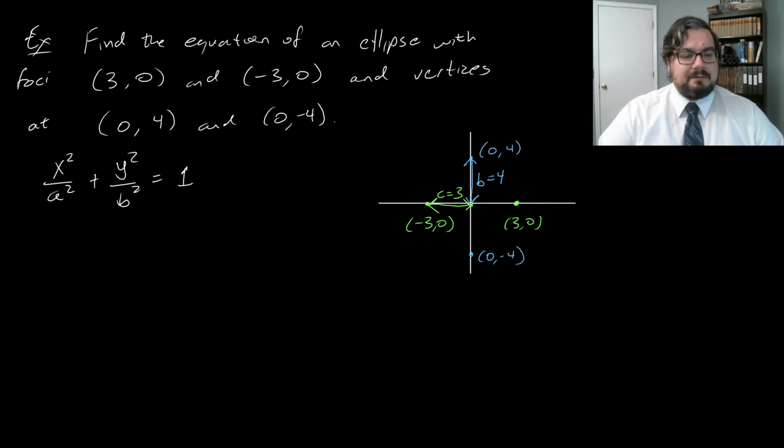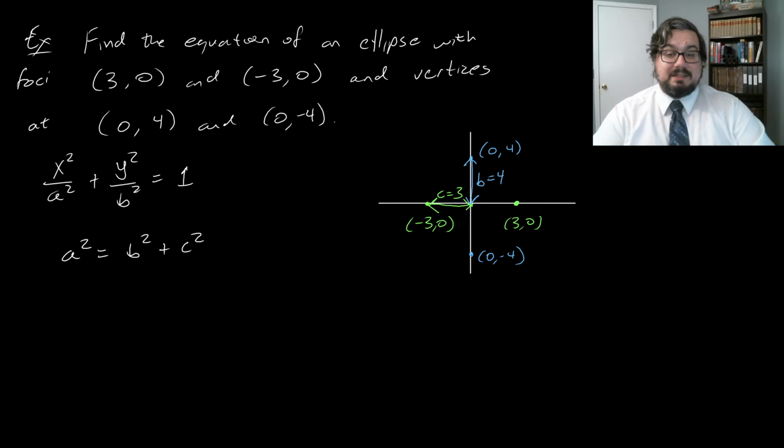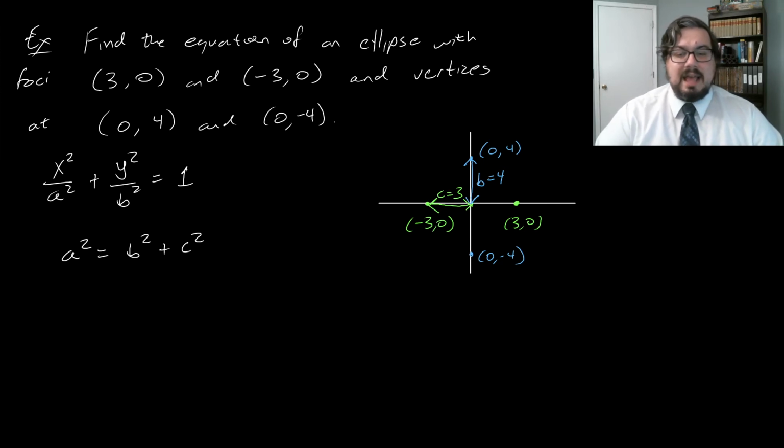So we have that a squared is equal to b squared plus c squared. That's the basic relationship between a, b, and c here. Now, we have in this problem that b is equal to 4 and c is equal to 3, which tells us that a squared is equal to 25, because that's 4 squared plus 3 squared, and therefore a is equal to 5. So that tells us a number of things.